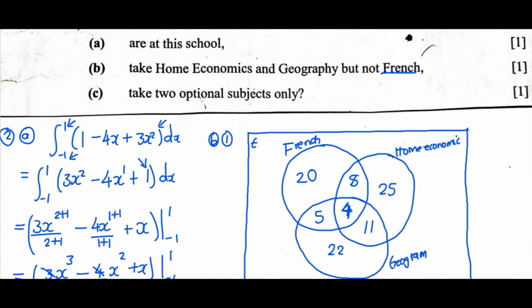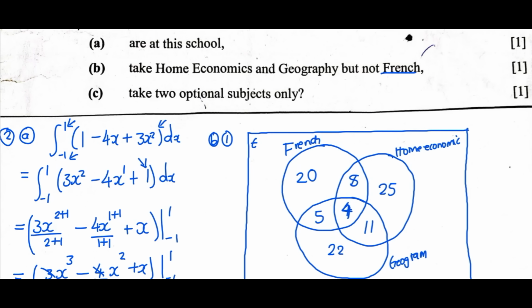Now this question sometimes seems to be complicated, because for some they may think since we have take home economics and geography, so here the argument is, is it 11? Are we supposed to get 11, or we are supposed to add 22 plus 11 plus 25?